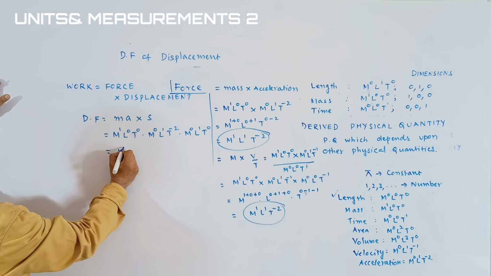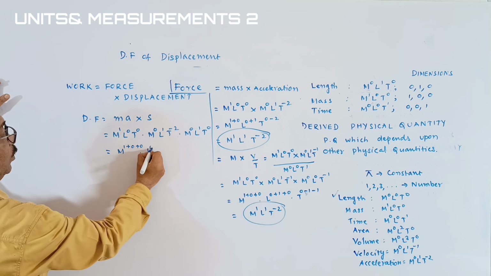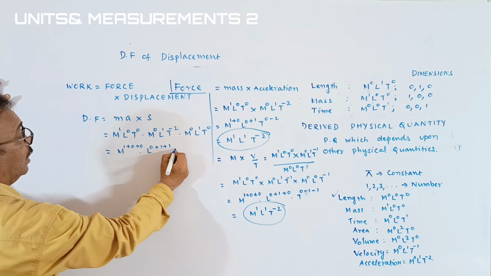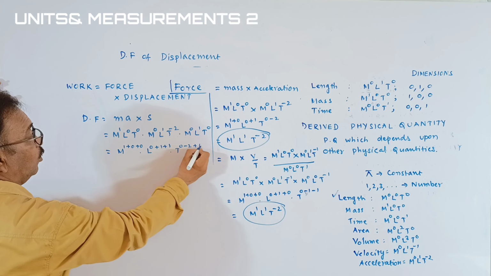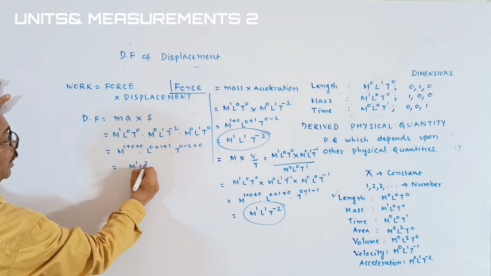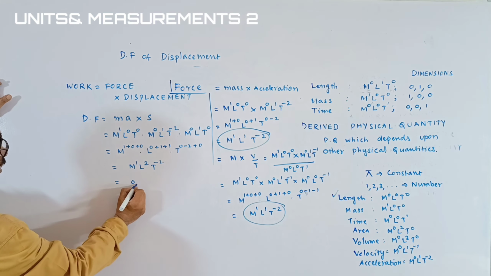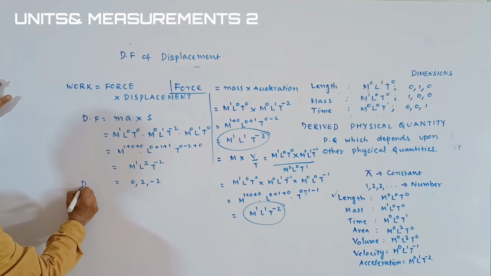M to the power of 1 plus 0 plus 0, L to the power of 0 plus 1 plus 1, T to the power of 0 minus 2 plus 0. And finally we get M to the power of 1, L2, T to the power of minus 2. See the powers: 1, 2, minus 2. These are the dimensions.